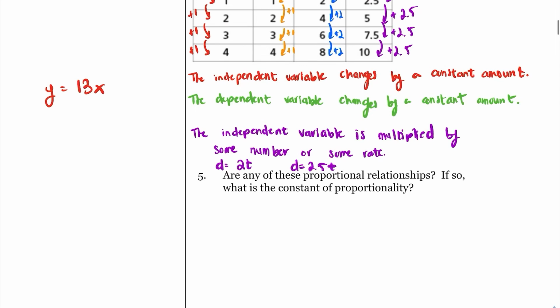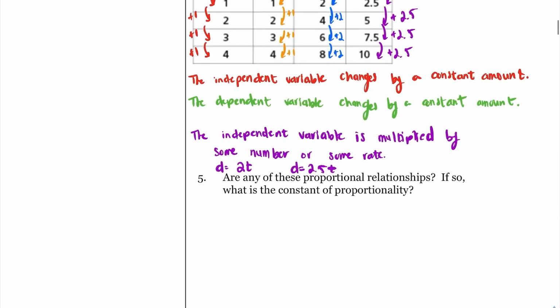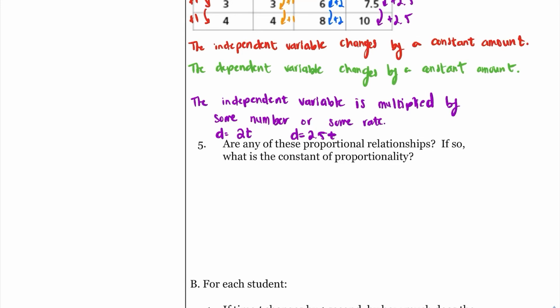So those are some ways that you can tell if a graph, a table, or an equation is linear. Now we're going to talk about, are any of these proportional relationships? This was actually a question on your homework. Again, I wish I could have heard some ideas from you, because I didn't go over this with period 2, but with period 6 we kind of talked about it.